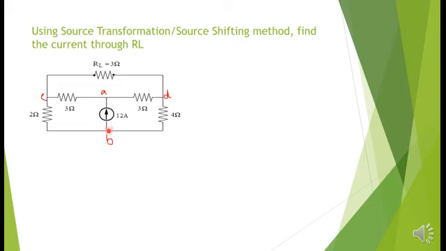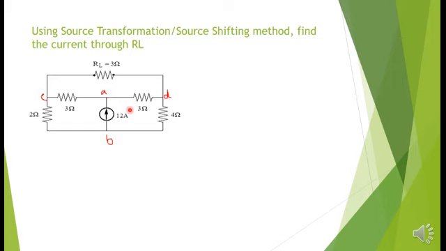That is, it can be B to D and D to A, or it can be B to C and then C to A. So this 12 amps current is not splitting, but traveling through, instead of directly B to A, it will travel through B to D and then D to A, tracing the path. To solve this, I will consider the path B to D and then D to A.